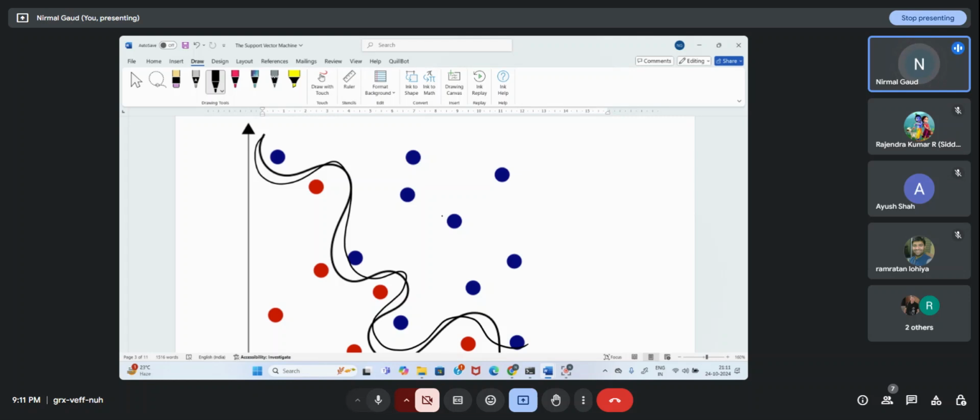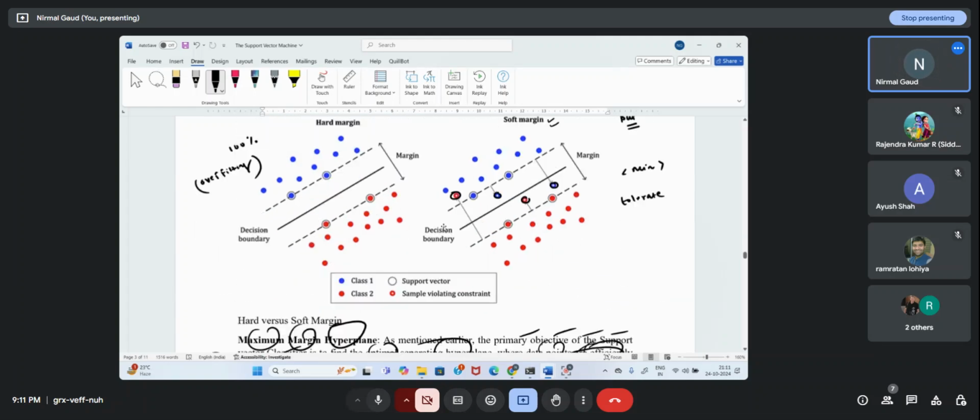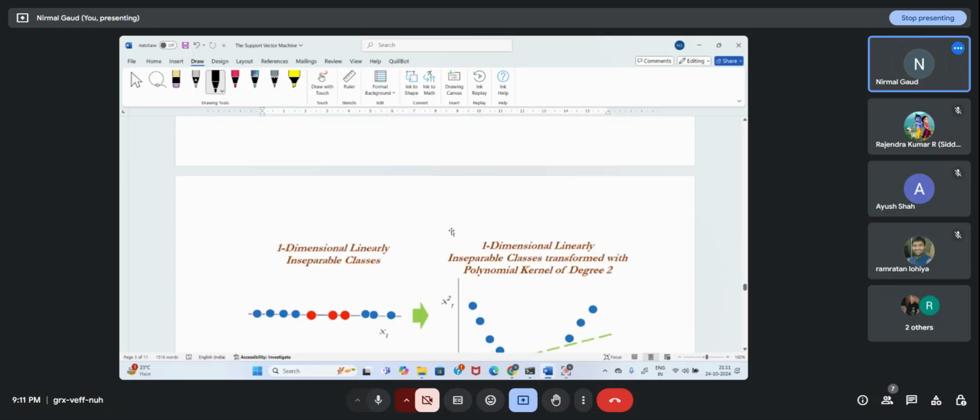And I told what it does in the kernel trick. It transforms data to higher dimension. How? Let's see what happens in a kernel trick.